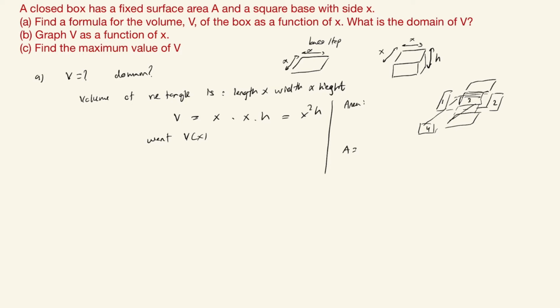These are going to be the same areas. So these are 4 areas, and this shape has side x, and this is the height h. Now we have the top and the bottom, so that is 2 areas, so that's going to be 2 multiplied by that shape. And remember, this is a square.